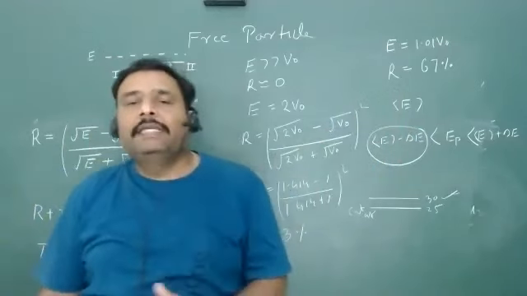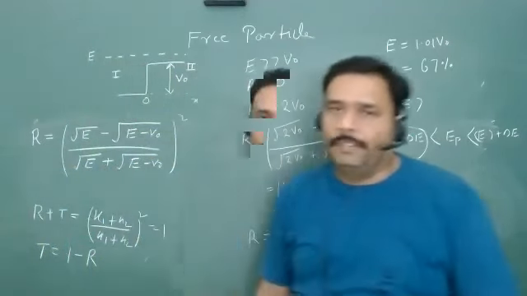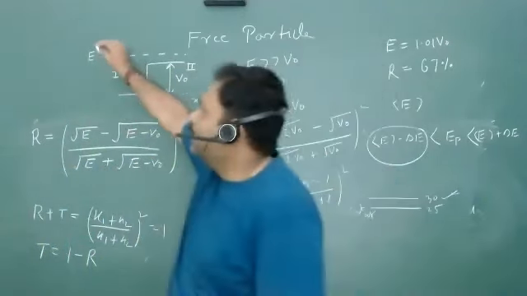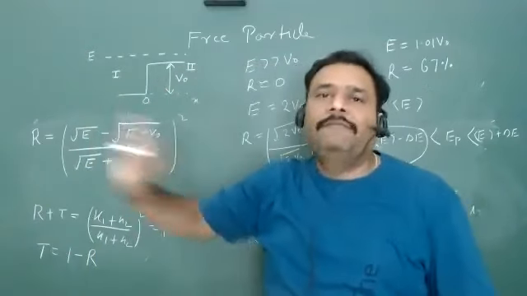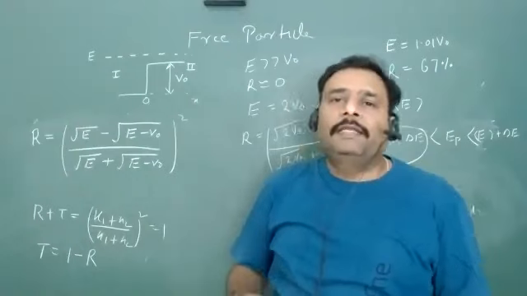And this thing can easily be understood by the uncertainty principle. Whatever we are seeing here, E is the average energy, because we don't know which state our particle is in.